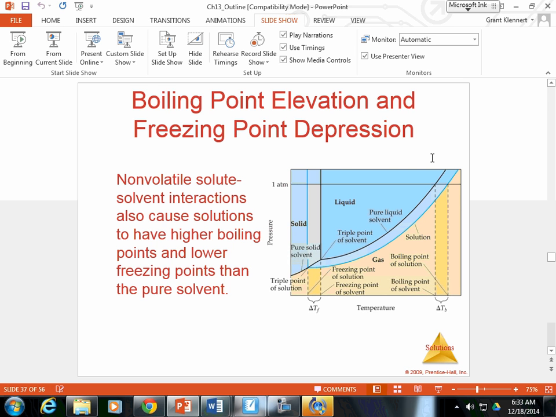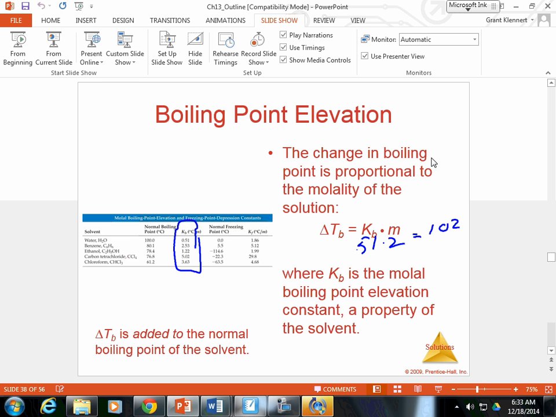Now we have talked about this last year, so I'm not going to spend a whole lot of time going over this. Remember, the change in boiling point, ΔTb, is equal to Kb times m. Kb is the boiling point elevation constant, which is different for every single solution.